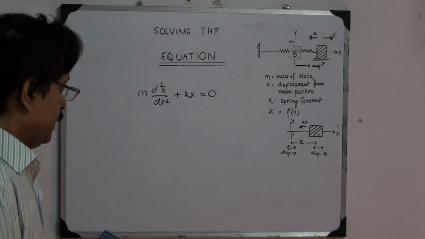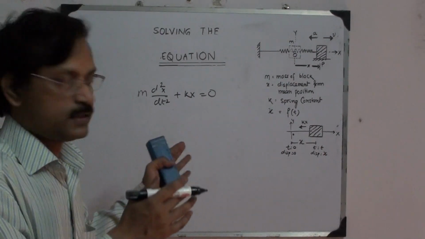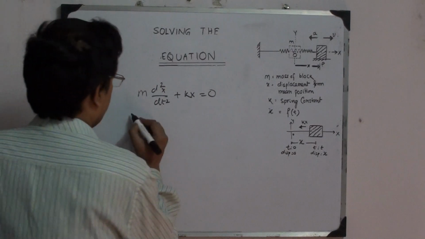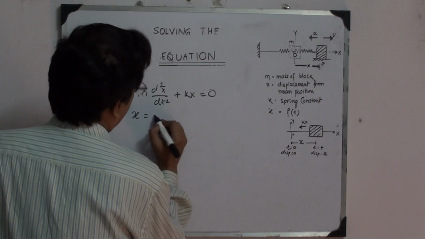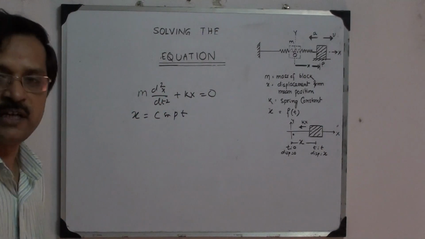Now we want to derive the velocity and acceleration from this solution that we have got. We found x is equal to c sin pt. We take the sine function and differentiate it.